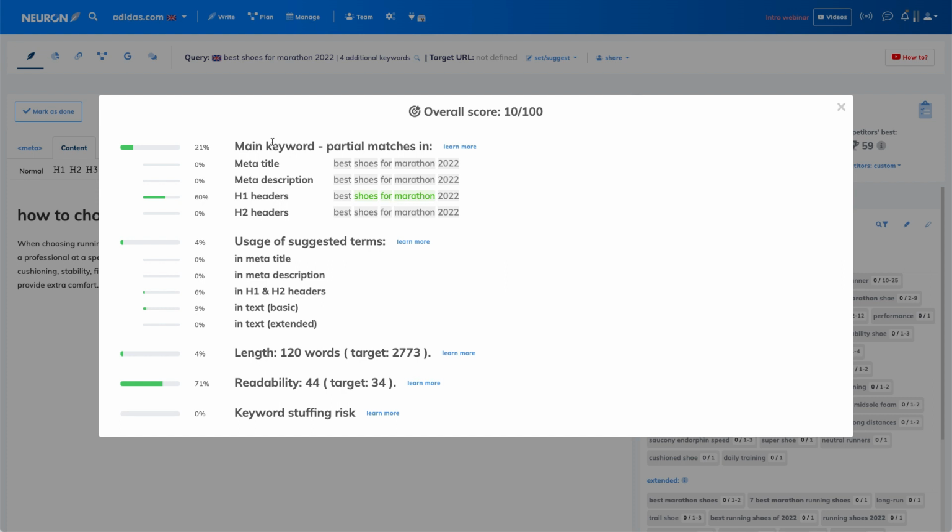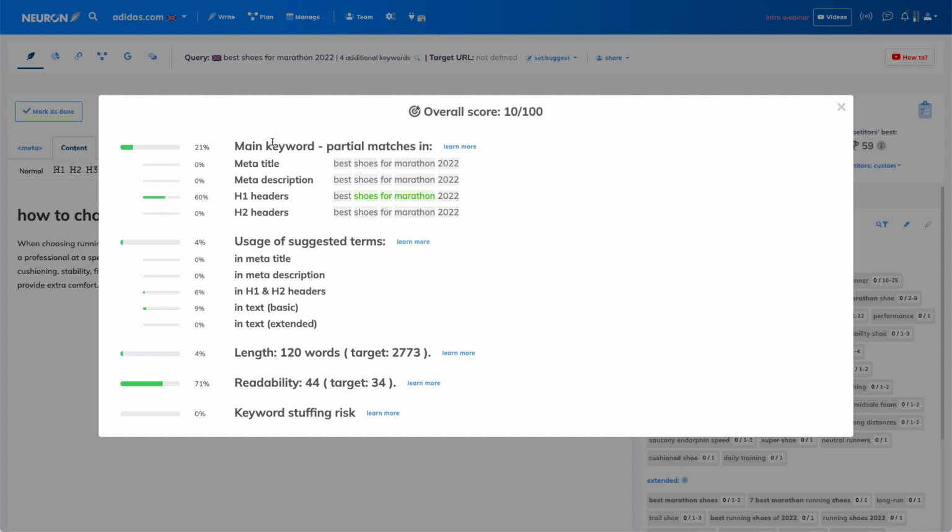How long is the content? It's not a ranking factor, but it's quite specific because you need a specific amount of text for a specific type of page to fulfill the user need. How easy is it to read? It's more about the UX of the content, how the content is structured.